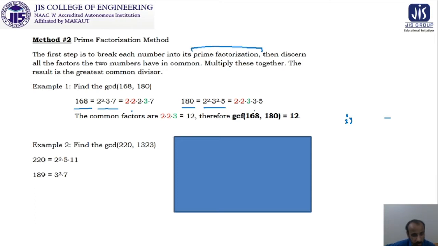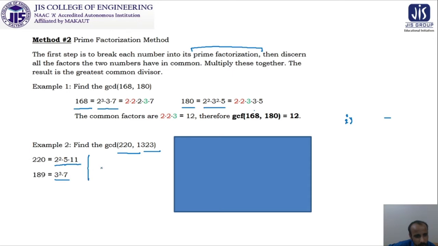So the maximum that is common is 2 number of 2's, 1 number of 3, and there is 7 but no 7 is here. There is 5 but no 5 is here. So common factors in the context of primes are 2, 2 and 3. So the GCD will be 12. Now if we think about the example of 220 and 1323, what we see is 2 square, 5, 11 and 3 cube, 7.